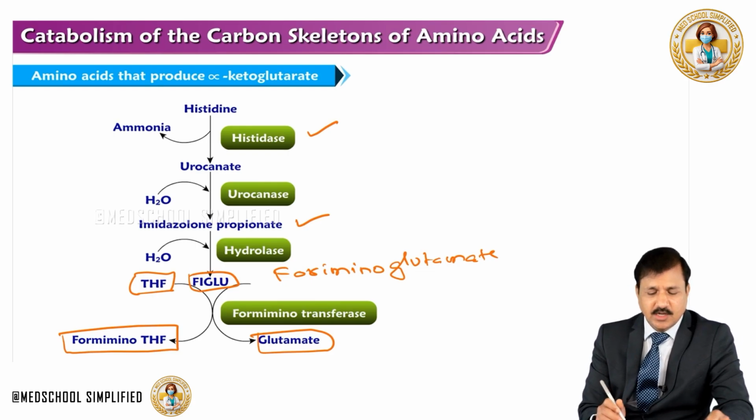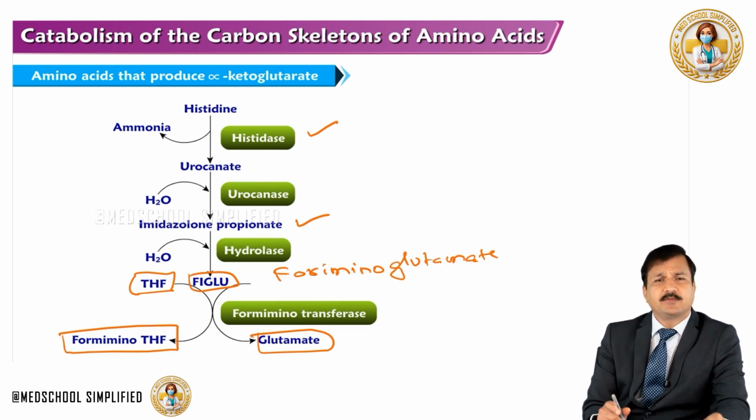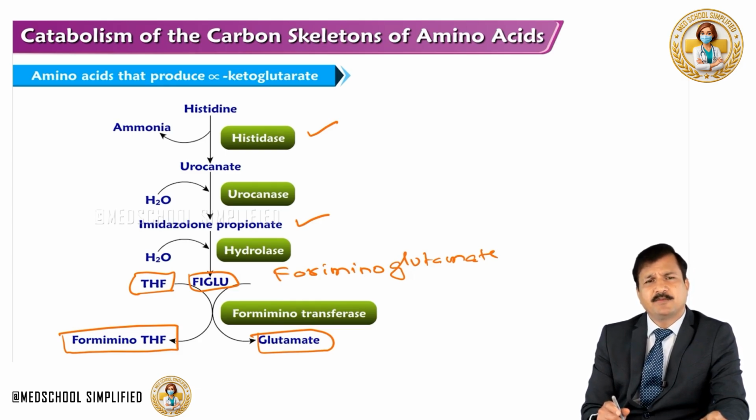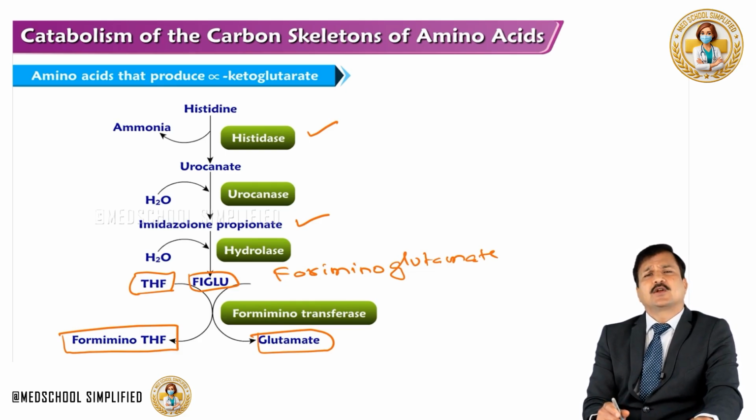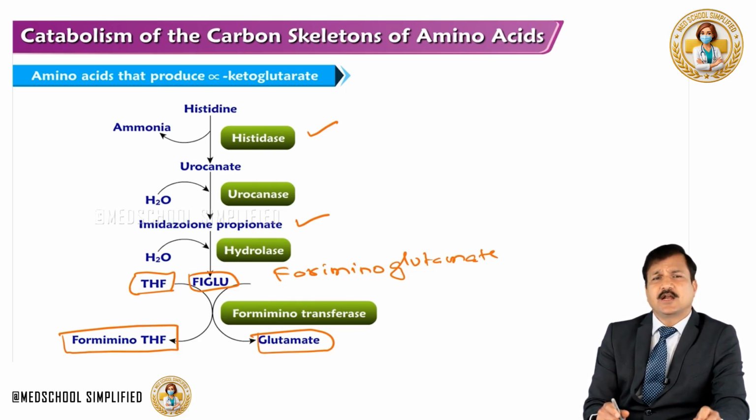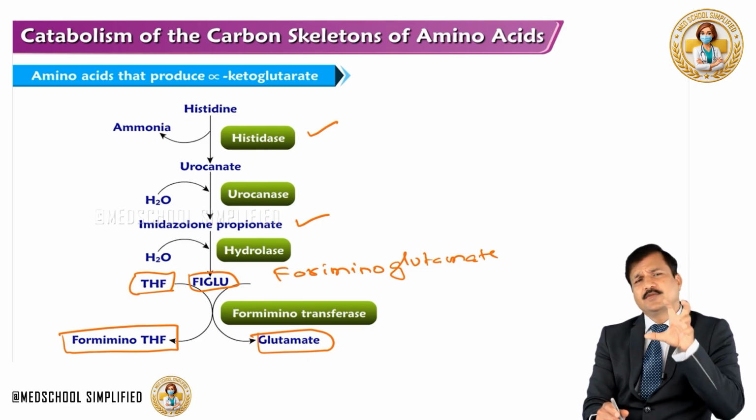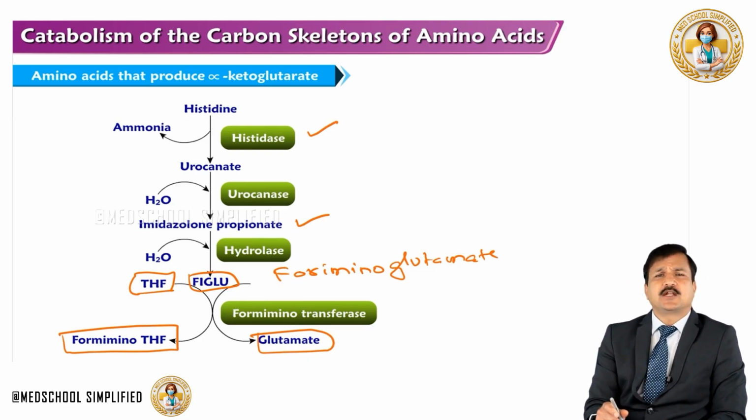So this is how histidine is involved in the formation of a one-carbon derivative of tetrahydrofolate, that is formiminotetrahydrofolate, and this can undergo one-carbon metabolism. That's how tetrahydrofolate is converted to formiminotetrahydrofolate. Here we have N5-formyl tetrahydrofolate, N10-formyl tetrahydrofolate, things like that. So that's how histidine makes this special type of tetrahydrofolate derivative.